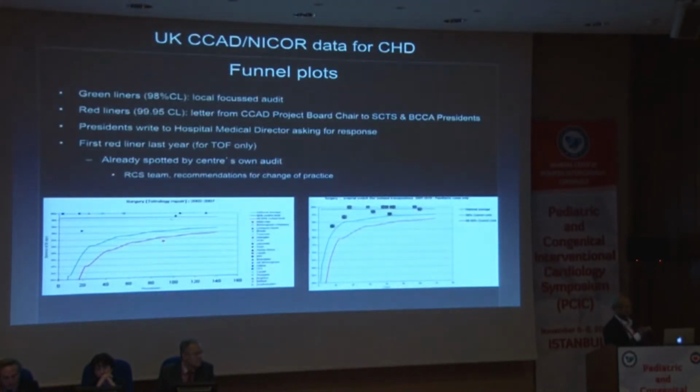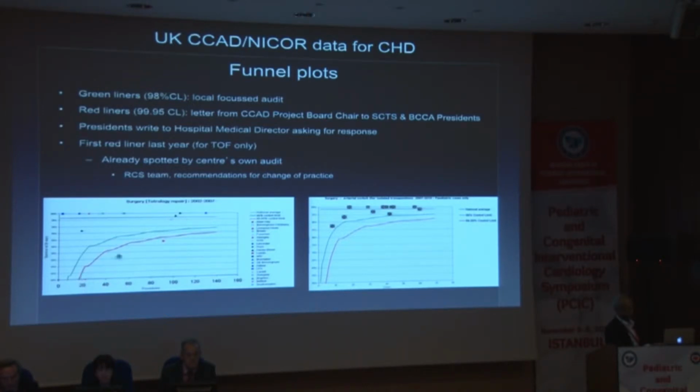In the UK, we've been doing something similar for surgery based on CCAD, which is now called NICOR, and we've been collecting data for the last 14 years on surgery. For example, on the left here is tetralogy of Fallot funnel plot, and all these dots are different units in the UK.